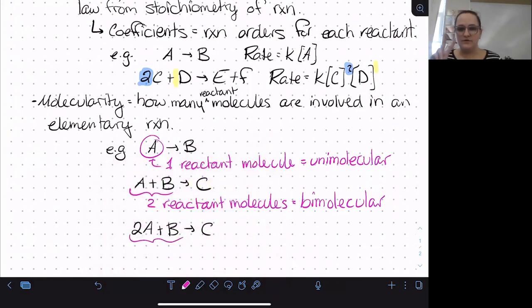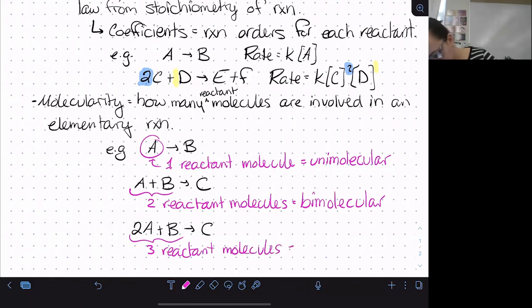This is telling us that two molecules of A are reacting with one molecule of B. So that's a grand total of 3 reactant molecules, which we call termolecular. And you don't really need to know any higher than that. After those 3, it goes back to the usual prefixes that we use in chemistry of tetra, penta, hexa, etc.